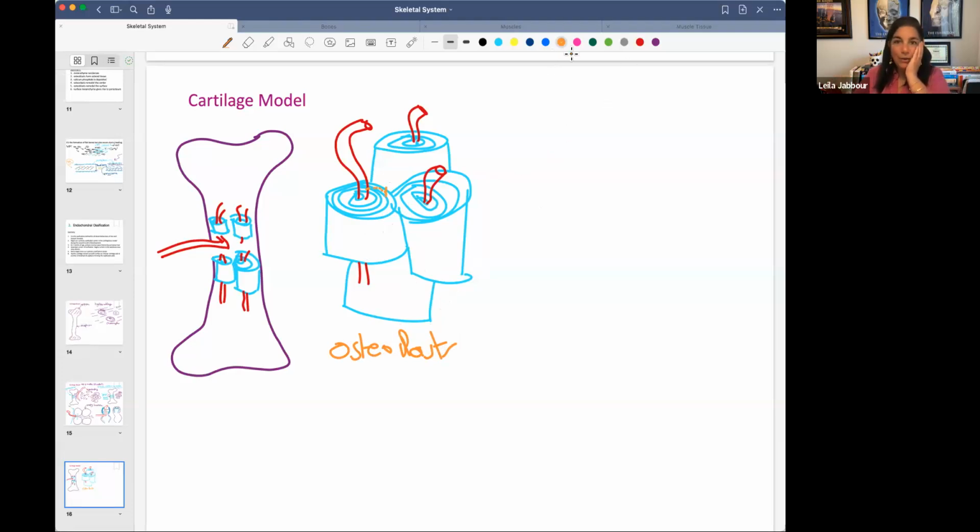So in the end, without going into the details of the resorption process, which I already explained, this is what we end up getting. So by the time the baby needs to come out by birth, long bones have really just their epiphysis cartilaginous.